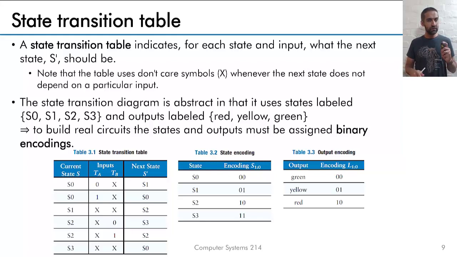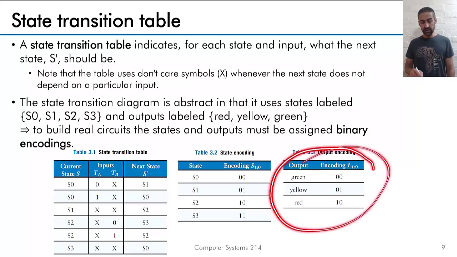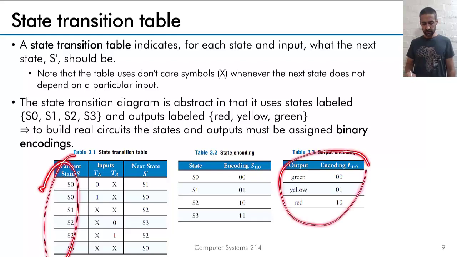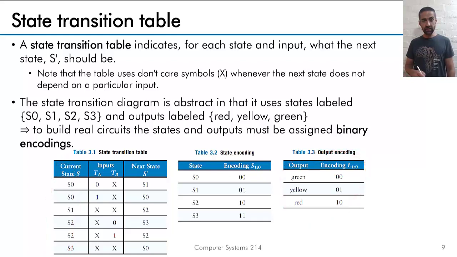Hopefully you understand at this point that because we have the state transition table and this output encoding as well, we should be able to transfer this table into a Karnaugh map and then derive the next state logic. And because we have these coded as well, we can use the current state versus what we expect the lights to be in those states to draw up another Karnaugh map to derive the output logic.